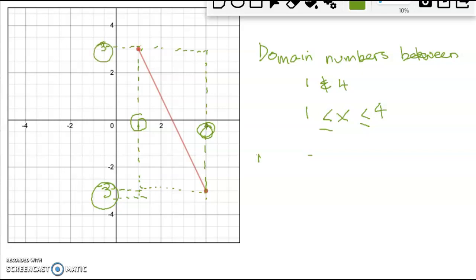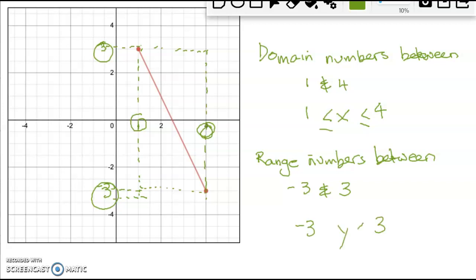So then the range is numbers between -3 and +3. That will be in English. Using inequality, -3 is the smaller number, 3 is the bigger number, we're talking about range, so it's going to be y, and the inequality opening to the right, like so.